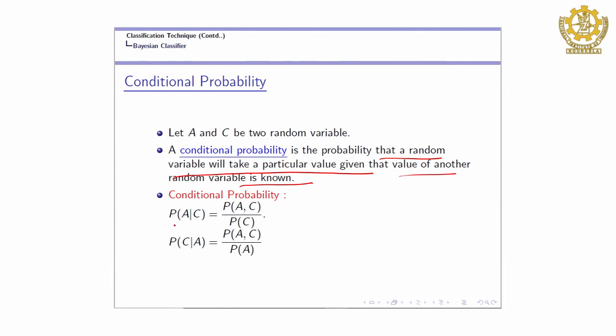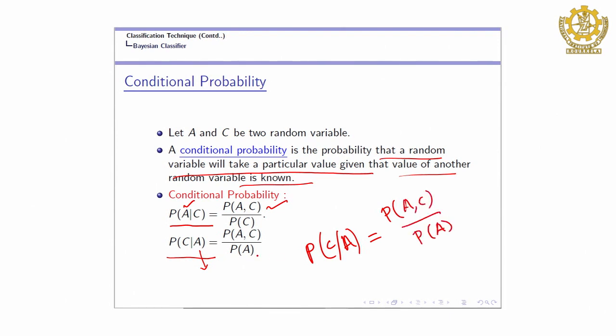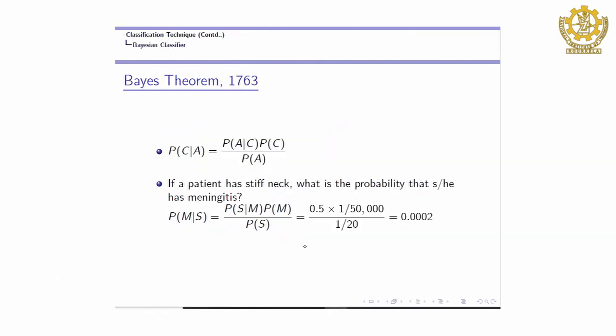The probability of A given C is the joint probability divided by the probability of C. Similarly, the probability of C given A is the joint probability divided by the probability of A. From these two equations, we can replace the joint probability.